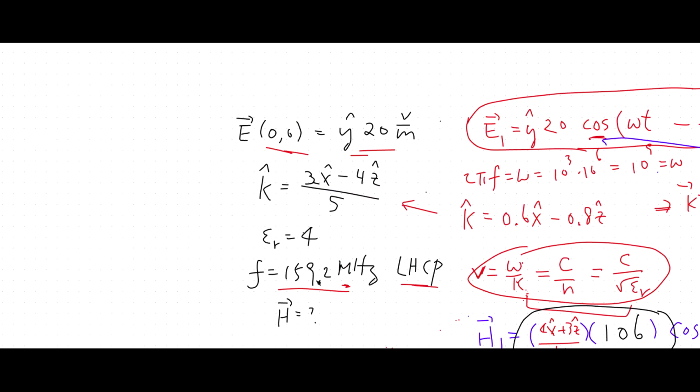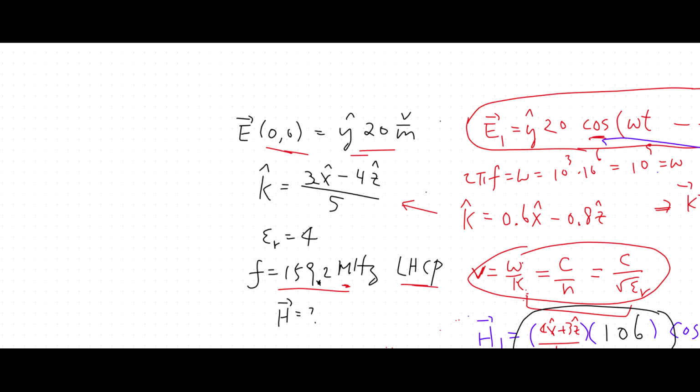Are you following me? So E1 and E2, they're perpendicular, right? One of the conditions of the circular polarization is these two waves must be 90 degrees in space. That means they're perpendicular. One is X hat, one is Y hat, right? So E1 cross E2 will give me K, either left hand or right hand. Are you following me? Let me write it down.